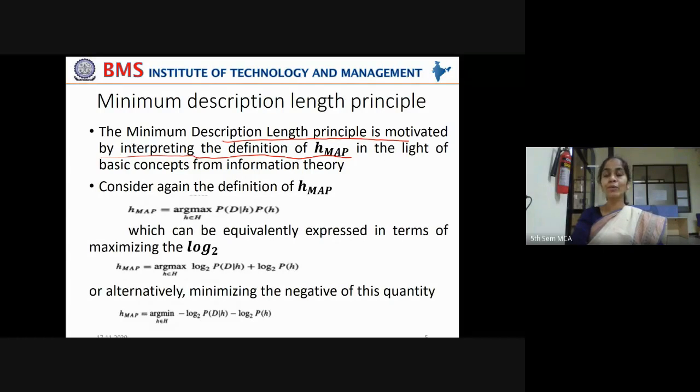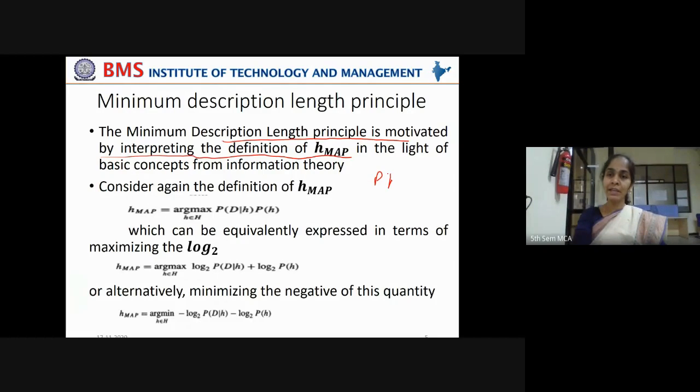You may have 2 to 3 hypotheses, but one hypothesis will have the maximum probability, maximum likelihood, say 75%. Only that hypothesis will become your maximum a posteriori hypothesis. What is maximum a posteriori hypothesis?